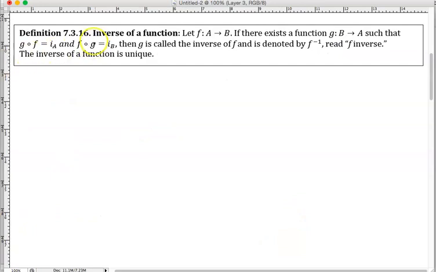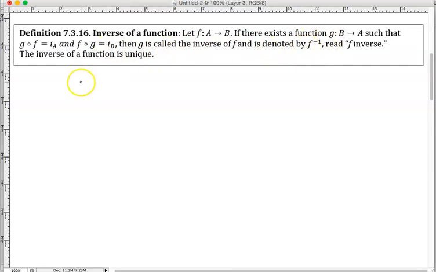Now let's define an inverse of a function. If I have a function f going from set A to B, and there exists a function g going from B to A, switching the domain and the codomain, such that g composed with f equals the identity on A, and f composed with g equals the identity on set B, then g is called the inverse of f and is denoted by f to the negative 1.